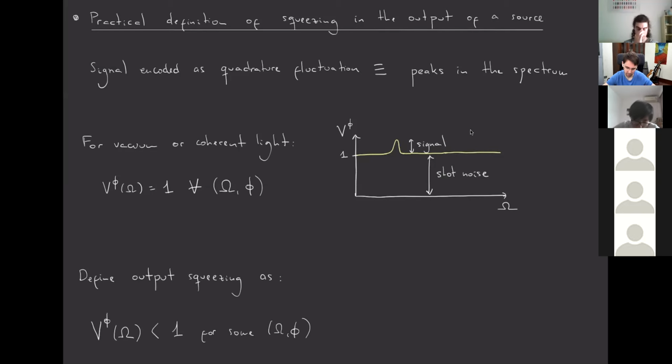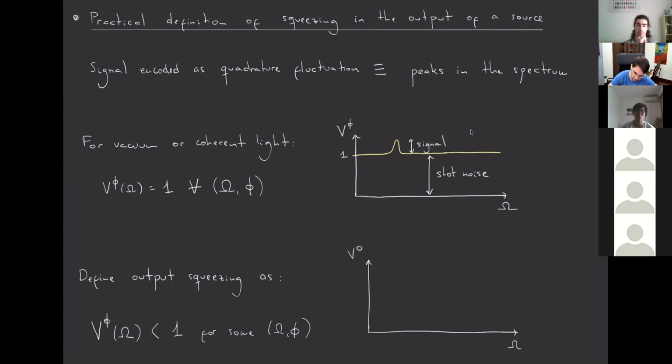Okay? So if the spectrum is smaller than 1 for some phi and omega, then this means that essentially now your signal to noise ratio will improve. And this is easy to see just from the plot.